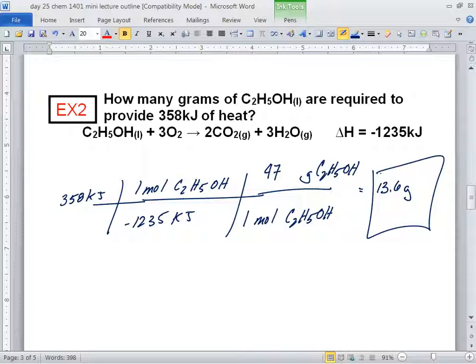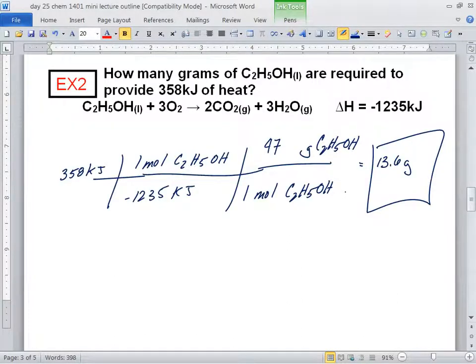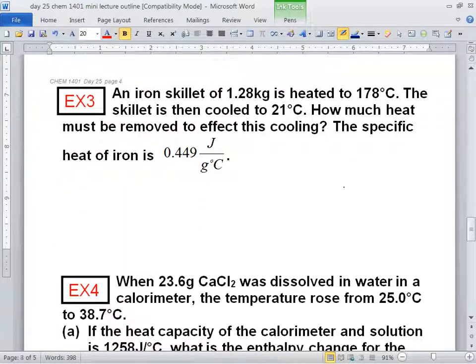And like Alyssa noticed, it's really negative 13.6, but you can't have negative mass. You just kind of erase the negative sign. Right? Yeah, just erase the negative sign. You can't have negative grams. Okay, so if you're good with that one, let's try the iron skillet.